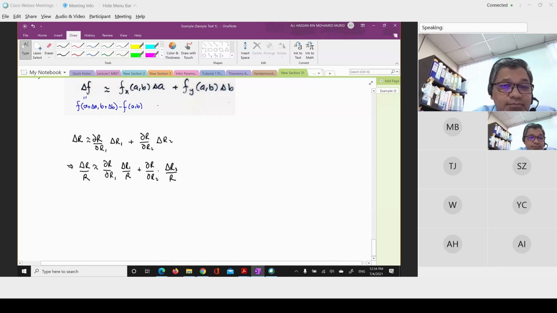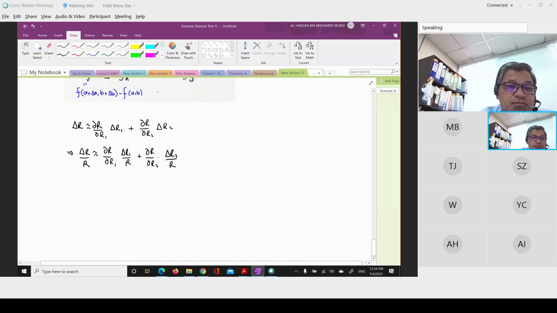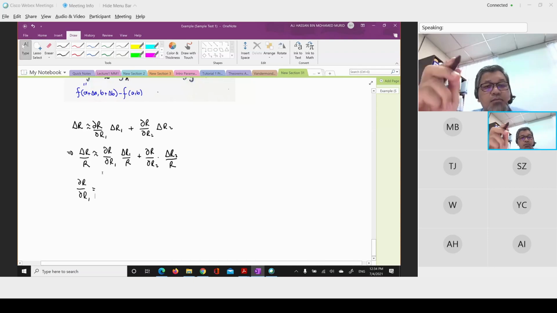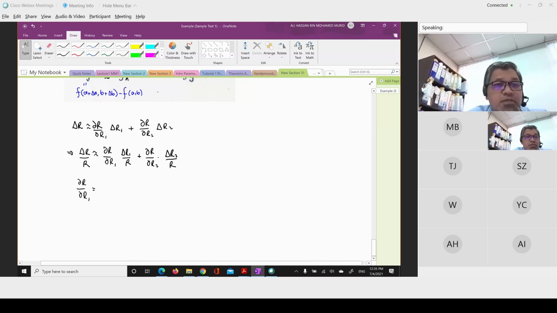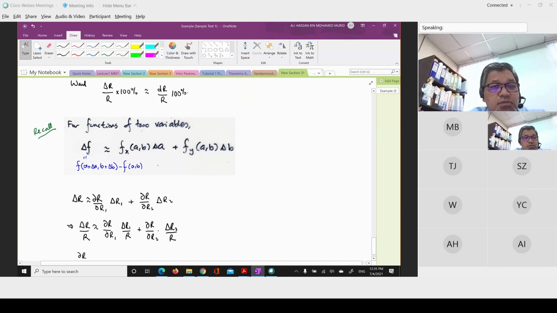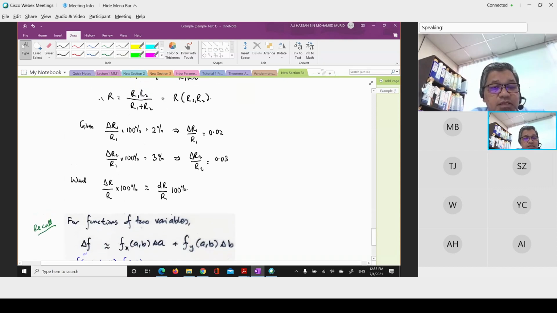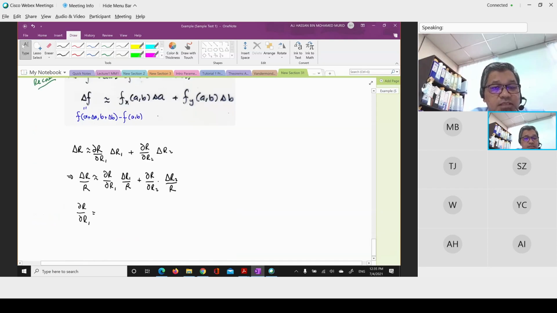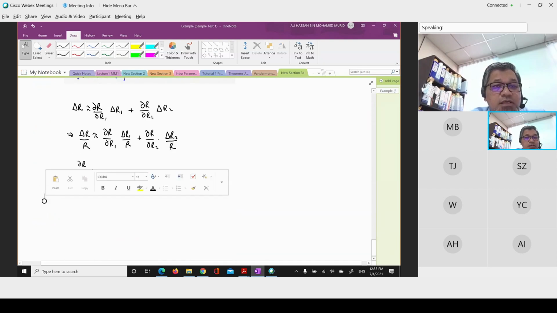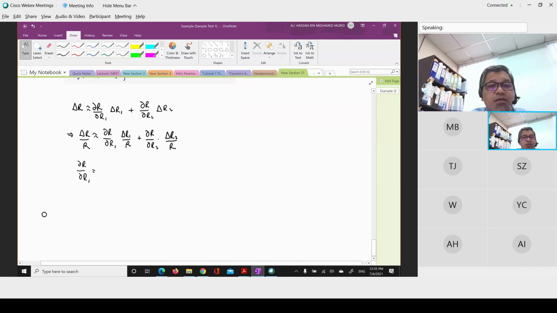Okay, let's calculate partial R over partial R1 first. To calculate the percentage error, we need delta R, and delta R involves partial derivatives with respect to R1 and R2.